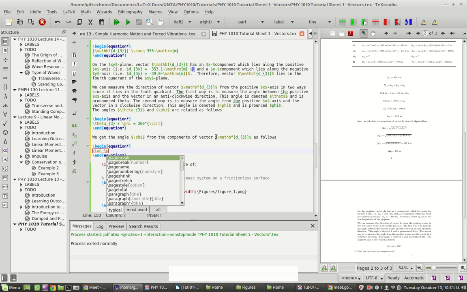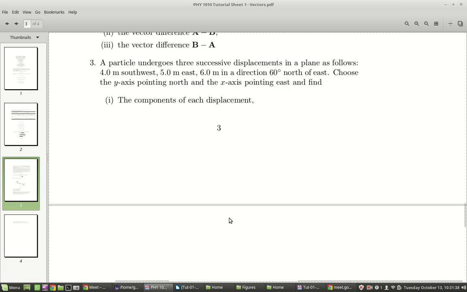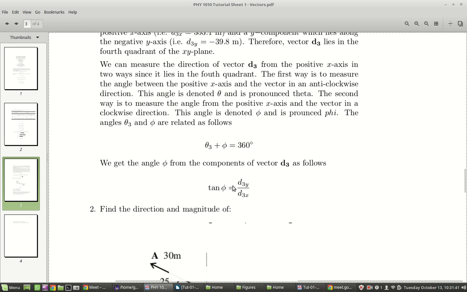Tan phi is equal to the y component divided by the x component: tan phi is equal to d3y divided by d3x. Is this clear?